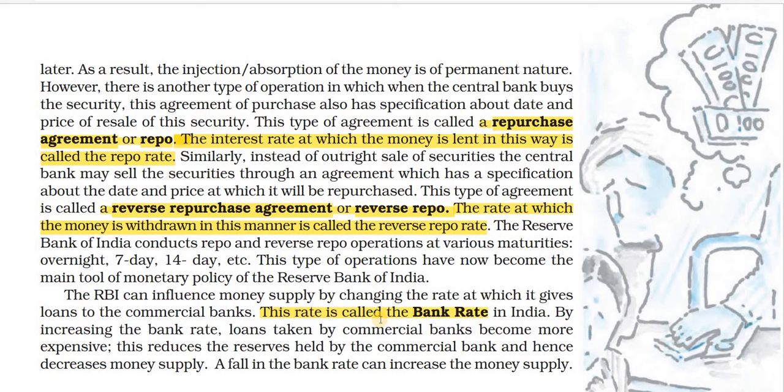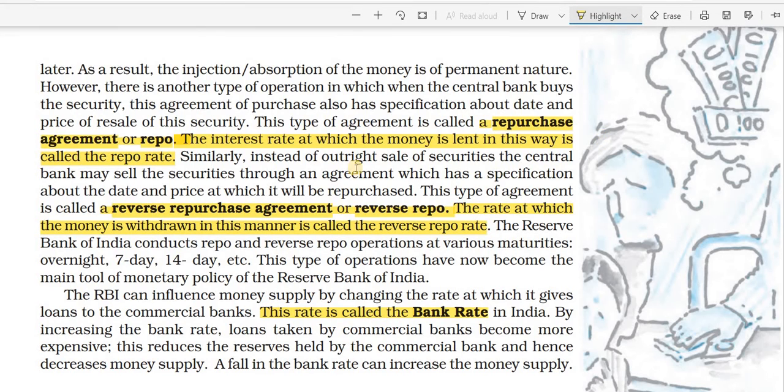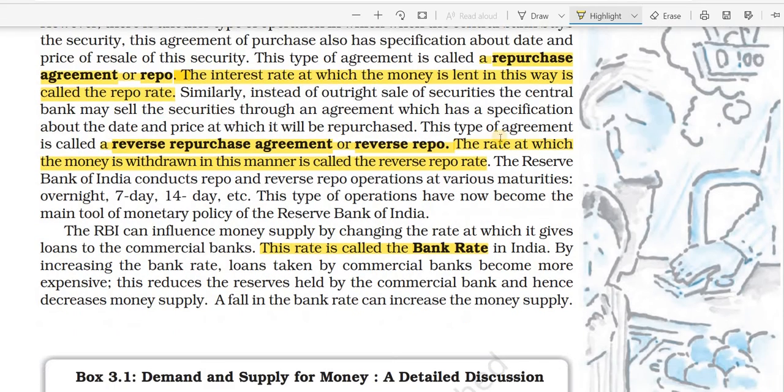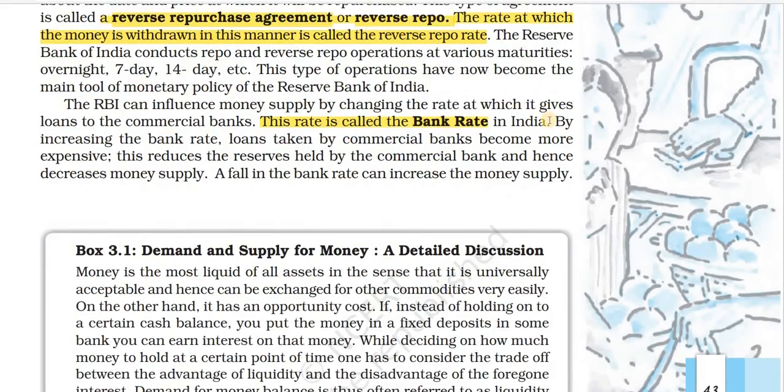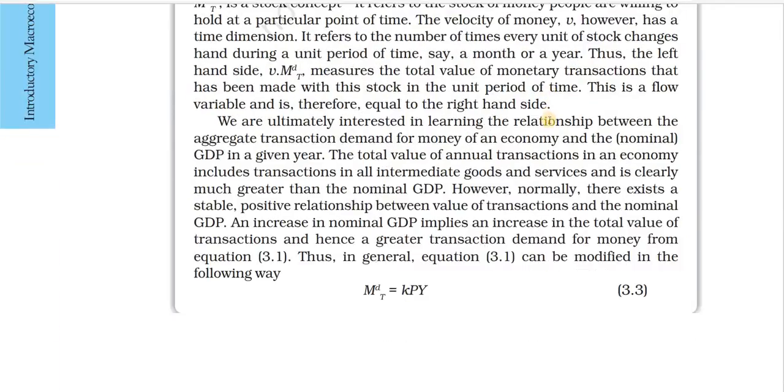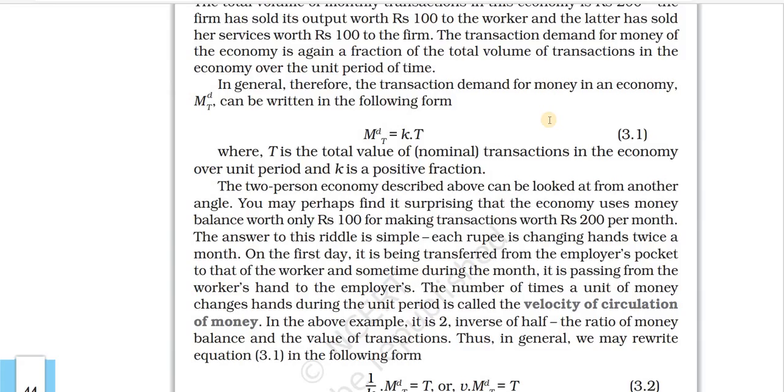An increase in bank rate, or increase in the cost of borrowing by commercial banks, results in the reduction of volume of credit. Means bank rate is the rate at which RBI gives loans to commercial banks. If bank rate is high, automatically the volume of loans will be less. That one is the repo rate, bank rate.